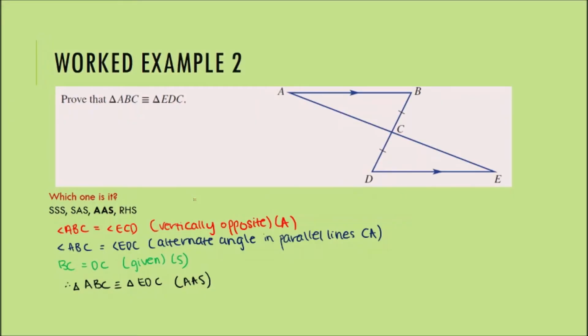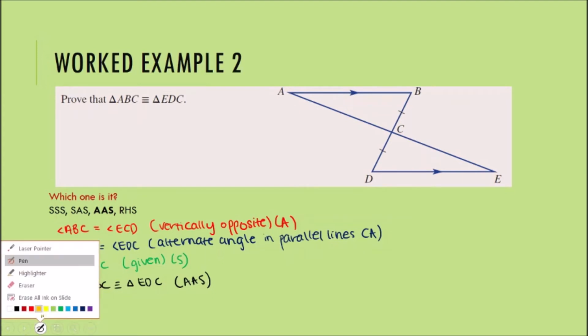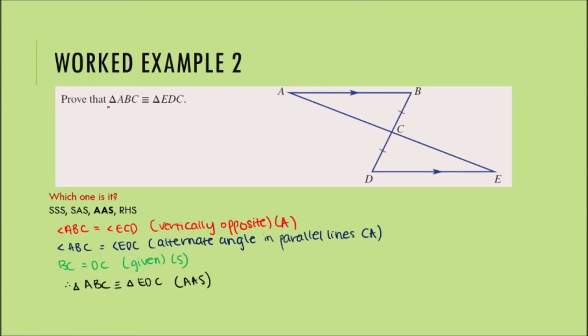So let's do another one. All right, so prove that triangle ABC, I'll just write it again so that you know, is congruent to triangle EDC. Okay, so if I had to show you again, let's do this again.